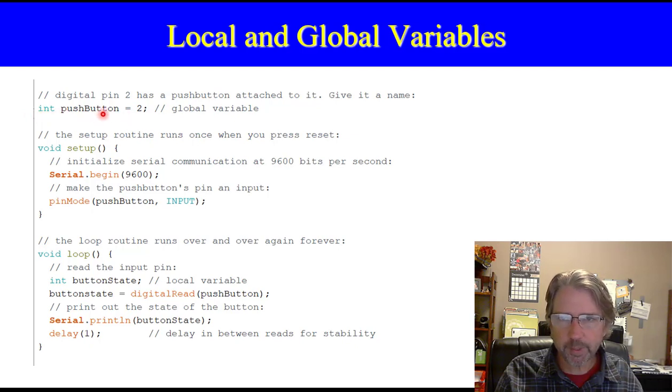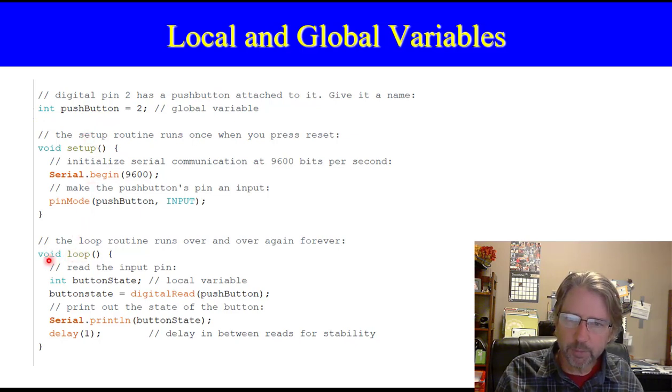So this is a global variable. We want this to be a global variable because we're using it here in the setup function. We need it as an input to the pin mode function, that's an Arduino function, and we're using it down here in the loop function. So if we didn't declare this as global, we'd have to somehow make it available to both of these. So global solves that problem.